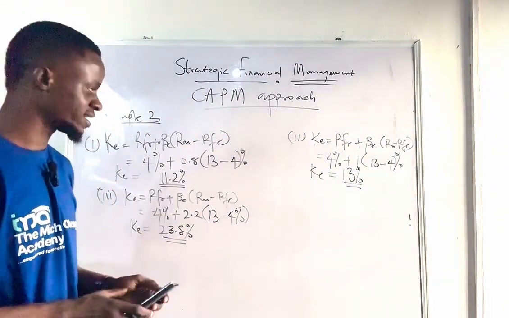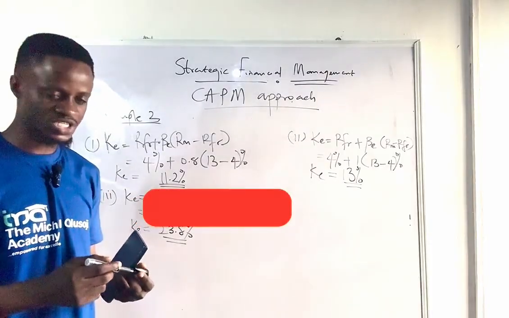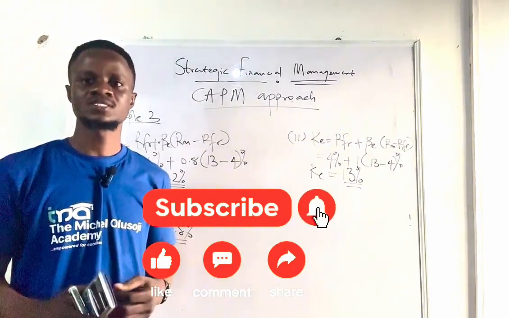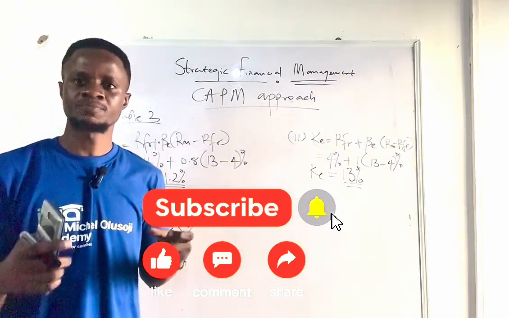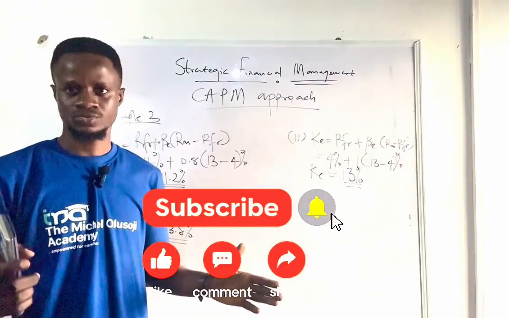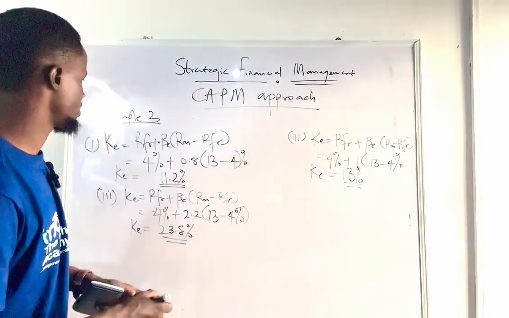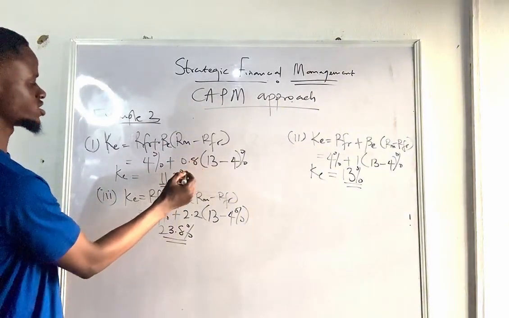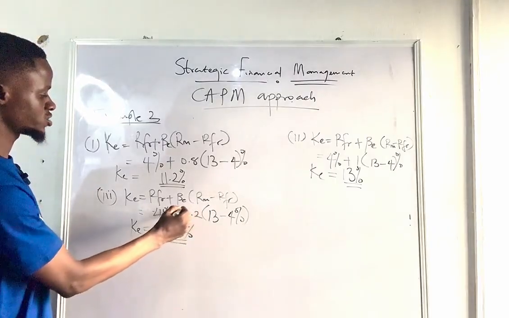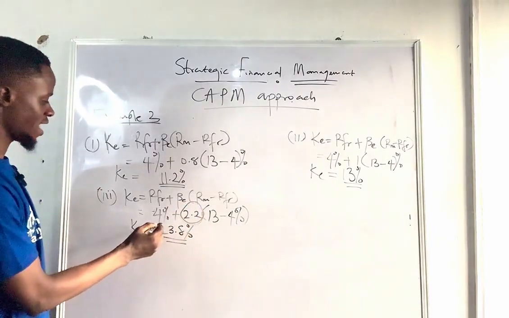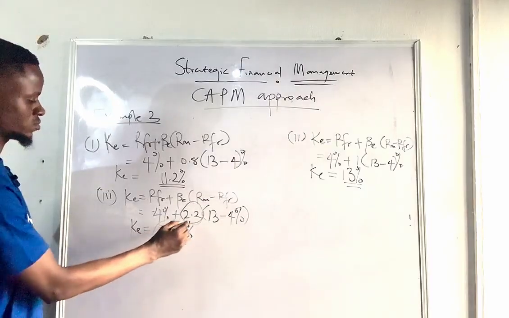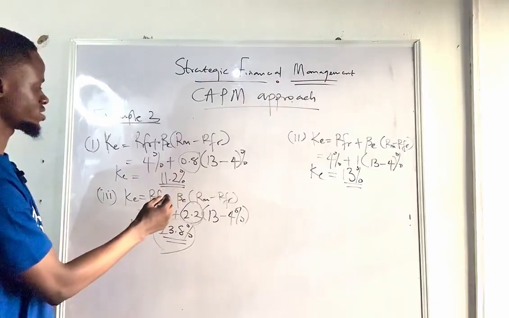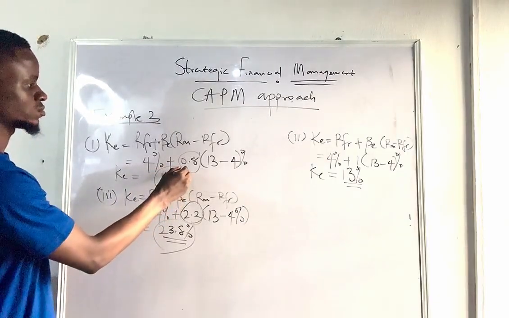So these are the answers, but there's something very important that you need to see here, right? As I have explained to you, CAPM determines the cost of equity based on the risk and the returns, right? So if you look at this now, which one has the highest risk? Highest risk is it, and it has the highest return. Which one has the lowest risk? This has the lowest risk, and it has the lowest return, right?